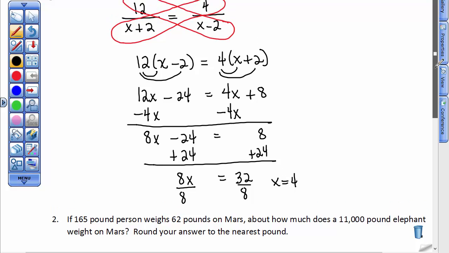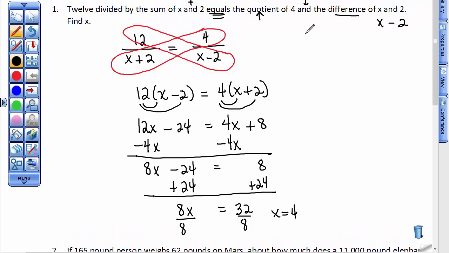Now, go back to the original problem that we wrote. We wrote 12 over x plus 2 equals 4 over x minus 2. I'd like to talk about some restrictions on the values for x. For example, right here, x cannot equal 2.